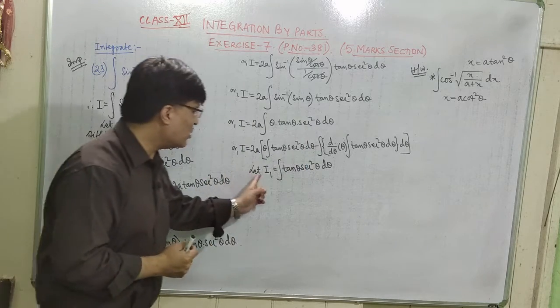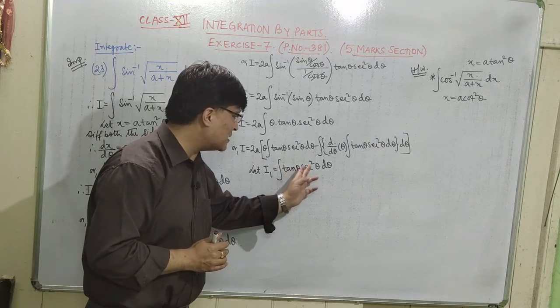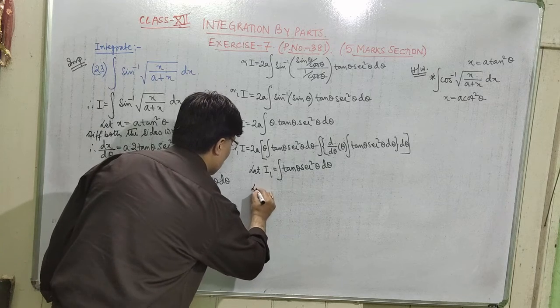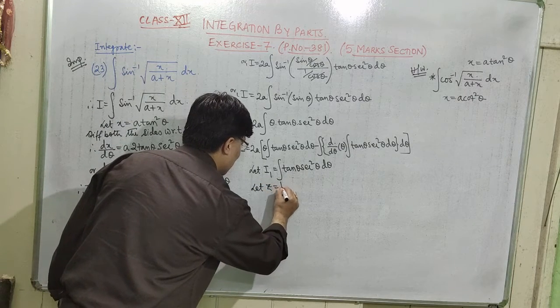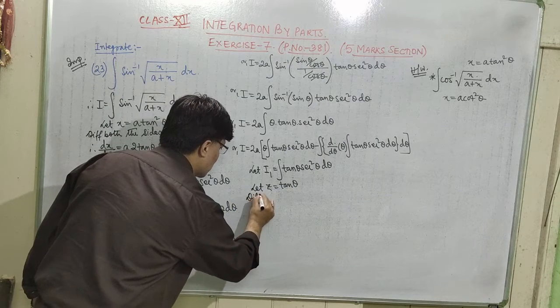So how can you evaluate this integration? You know that the differentiation of tan theta is sec square theta. We can use the method of substitution in this case. So let z is equal to tan theta. Let us differentiate both the sides with respect to theta.